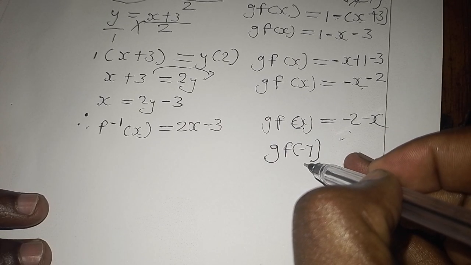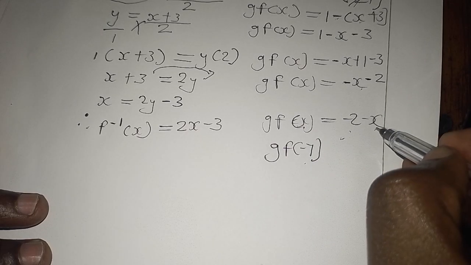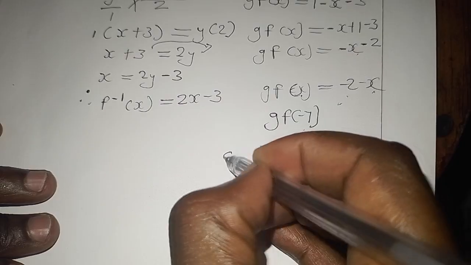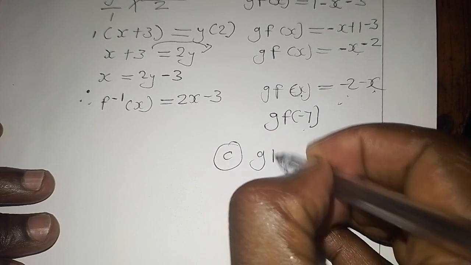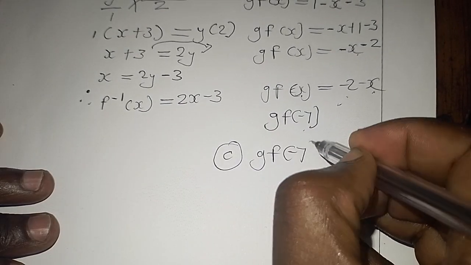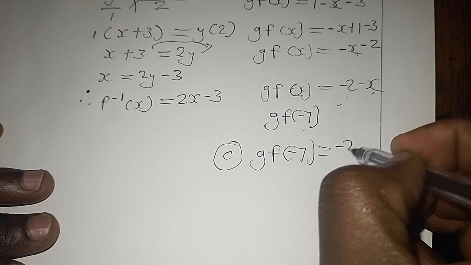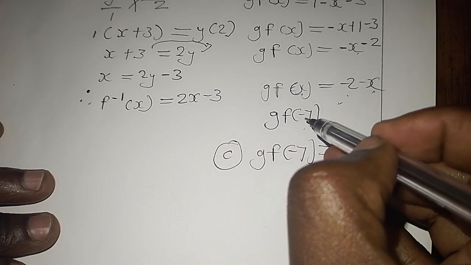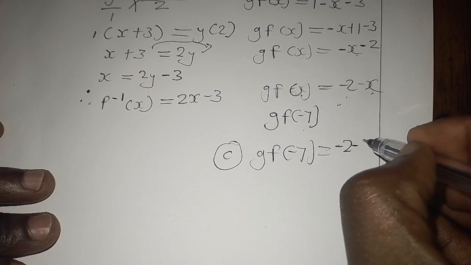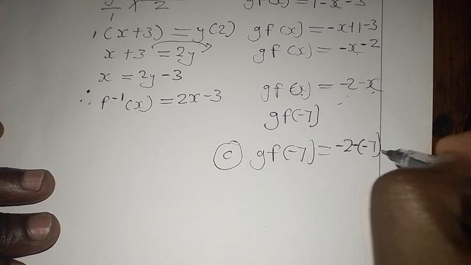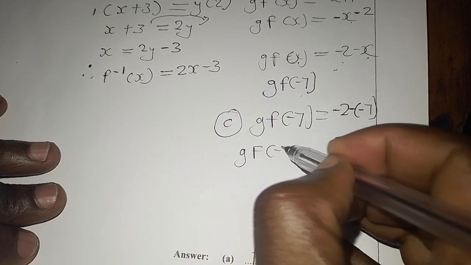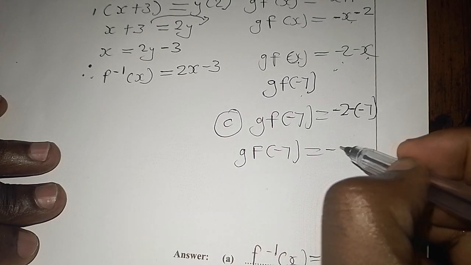Negative 7. It also means that where there is x there, we should substitute with what? Negative 7. So therefore, g f negative 7 equals to negative 2 minus x. On x, they are saying we should replace negative 7. So in the bracket, the negative 7. Then we have g f negative 7 equals negative 2.